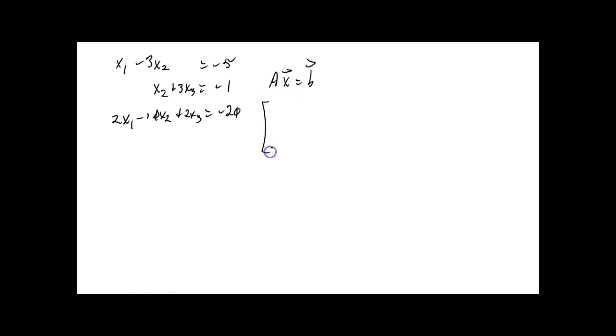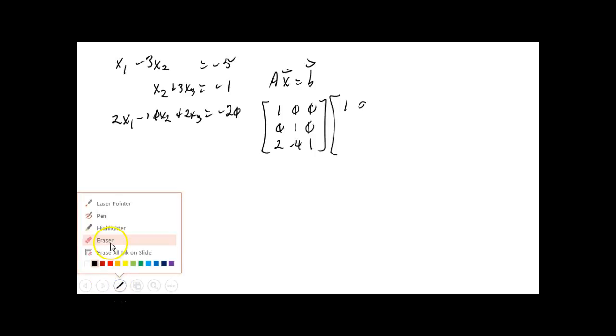Now let me write, the lower was, if I'm not mistaken, 1, 0, 0, 0, 1, 0, 2, negative 4, 1. The upper was 1, 3. I don't remember. I can look on the previous page.